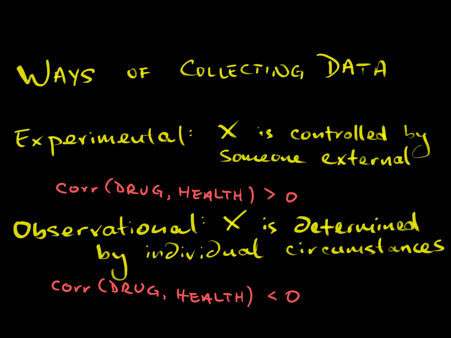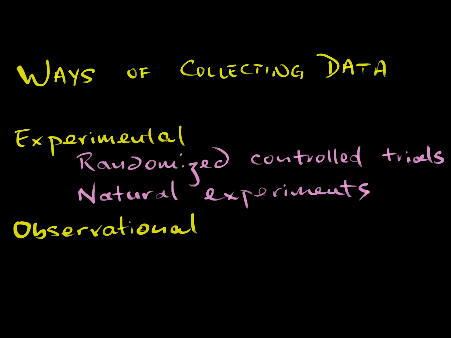So I want to clarify, there are different ways of collecting data, experimental and observational. The types of problems I'm talking about today show up with observational data, not experimental.